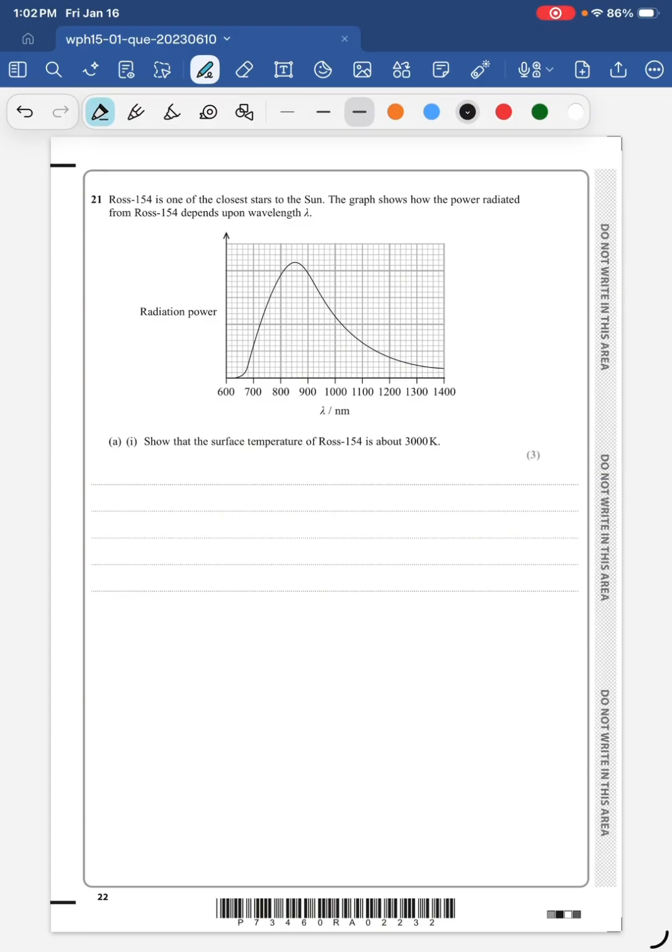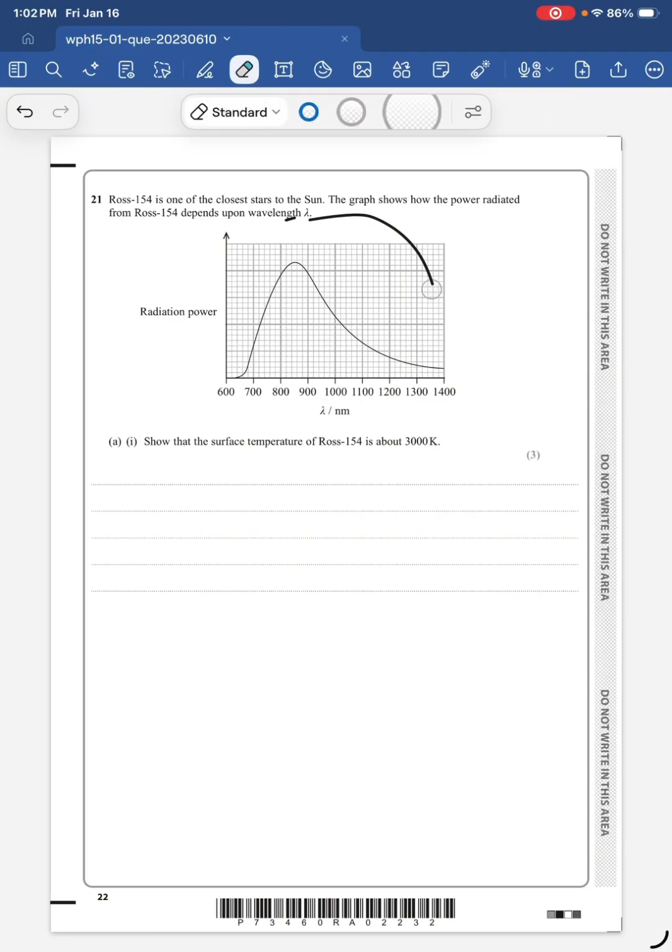Show that the surface temperature of Ross 154 is about 3000 degrees Kelvin. Whenever we have a diagram like this, we have to think of Wien's law. So this is what we will use here.